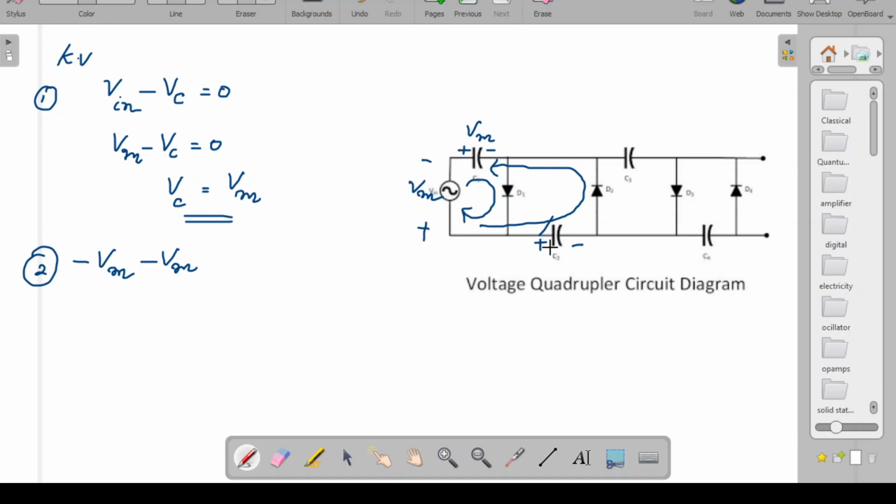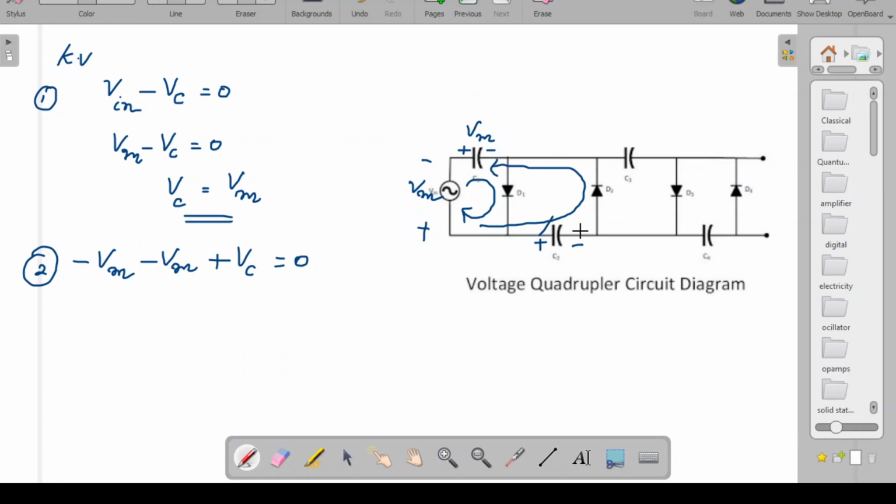So if I take this conventionally, this is negative positive, which means this is plus Vc, the capacitor's charge, and this whole thing is equal to 0. I hope you understood about the polarity. This is positive negative, so I take it as negative Vm. Again positive negative, I take it as negative Vm.